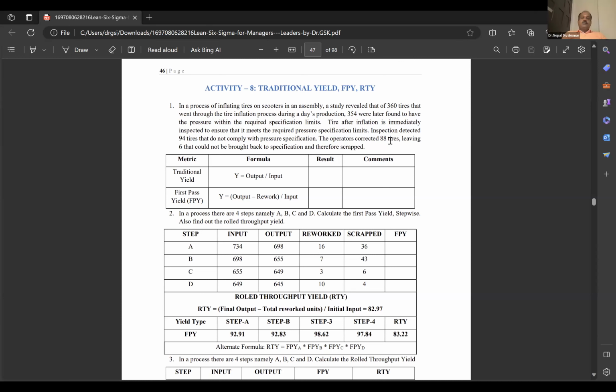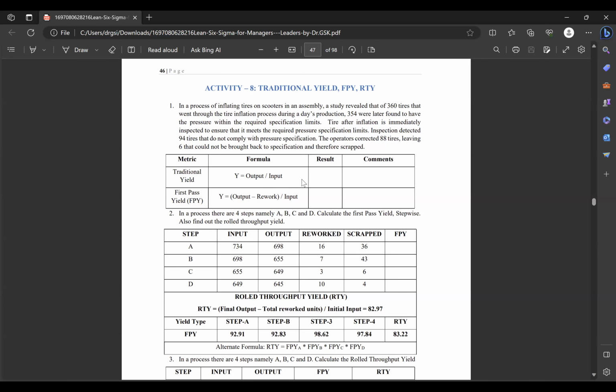Now you need to calculate the traditional yield and the first pass yield. Maybe you can do a little math and let me know immediately. What will be your numbers for calculating traditional yield? One of you tell me. So the output and the input. Output by input. What is your output number? 354 divided by 360.